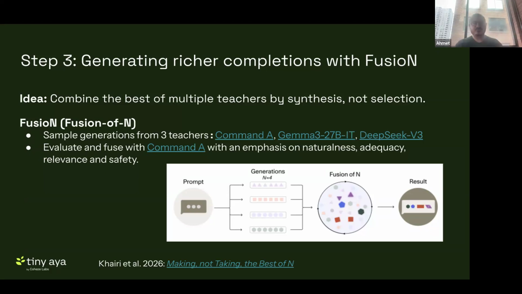But if you fuse with a model, you pick the best of both worlds, not best of N, because now you have no bias from one model, a more natural distribution in the data, but also, of course, you use the best characteristics of all these teachers. That was our reasoning, and that has been shown to be a really improving factor for the post-training data synthesis operation.